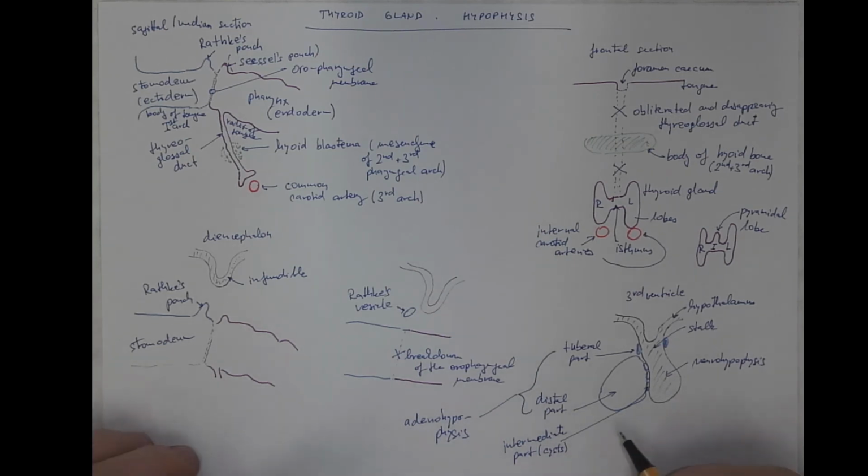Later on, also the mesenchyma of the sphenoid bone will condensate around this hypophysis, forming the so-called Turkish saddle of the sphenoid bone.